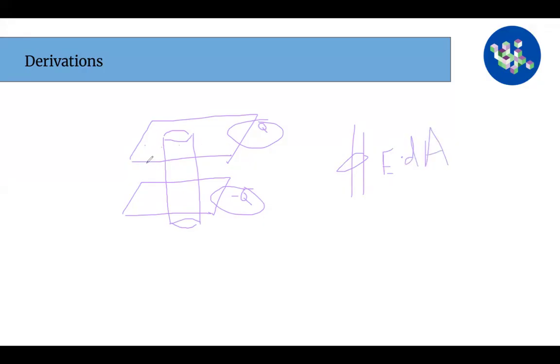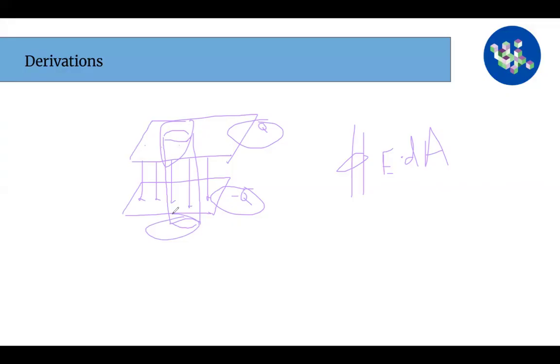Now, also, I know that inside the capacitor, this is what the electric field lines look like. That means there's no flux through the side face of the cylinder, and the only flux, if there was any, would be through these two faces.